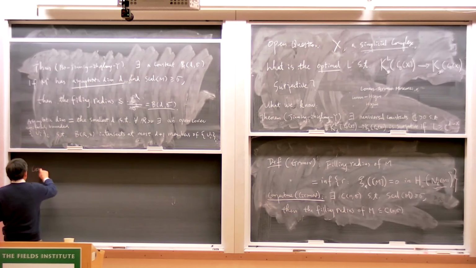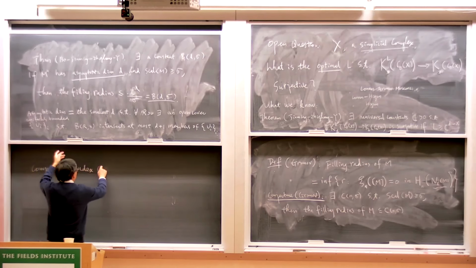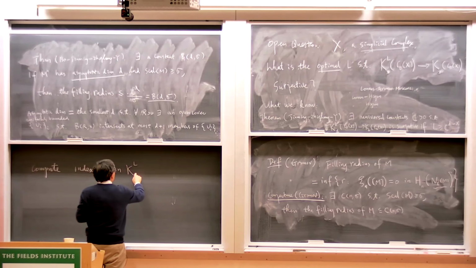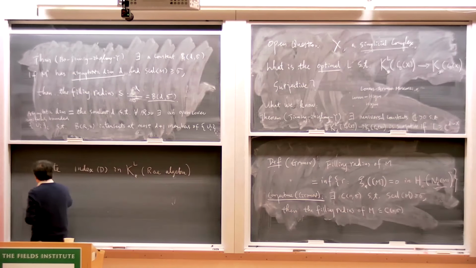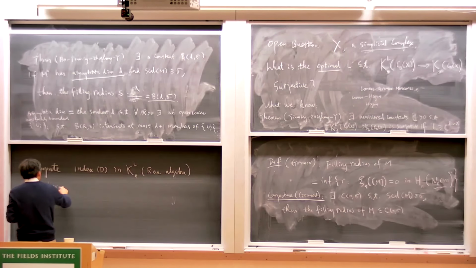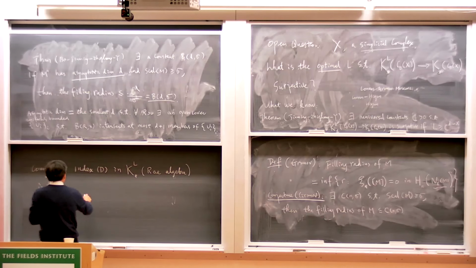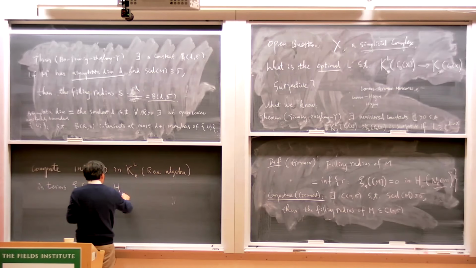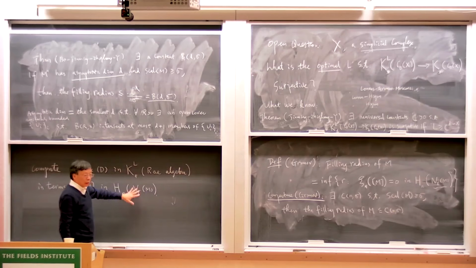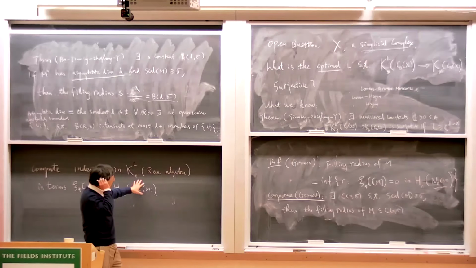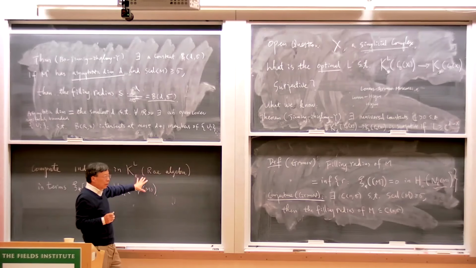We just need to compute, or partially compute, the higher index in K_L of the Roe algebra, partially in terms of the fattening, so the fundamental class in the R neighborhood, for certain R. These K-groups are not really easy to compute.